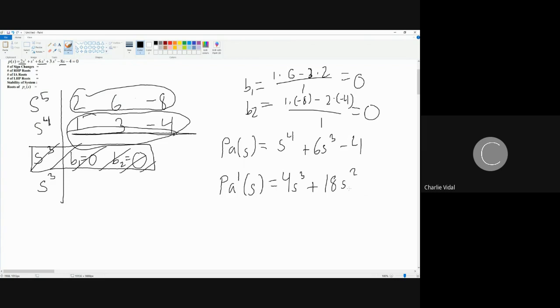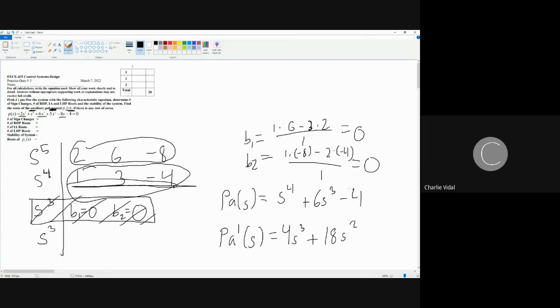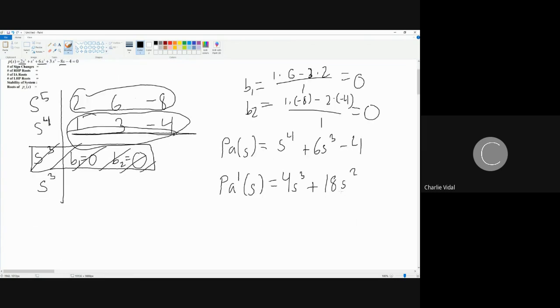Let me just make sure that this is right. Wait, hold on a second. Oh, I wrote something wrong here. I looked at the wrong number. This is actually supposed to be 3s squared.